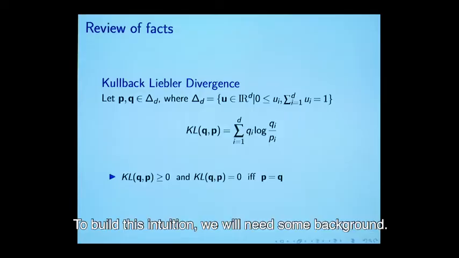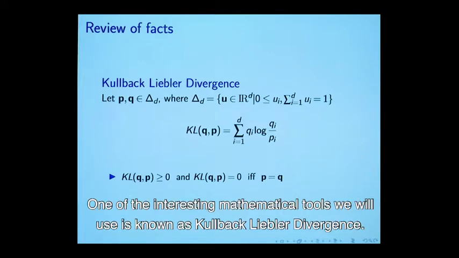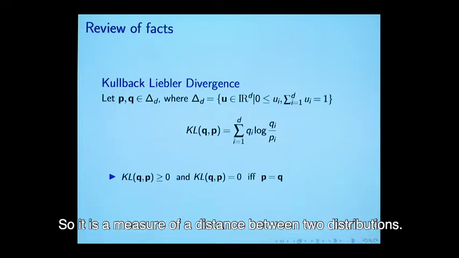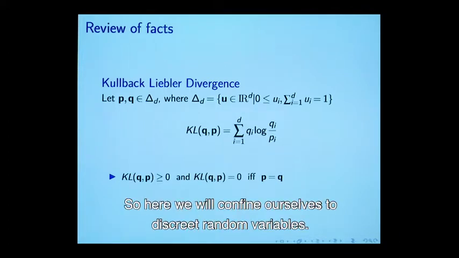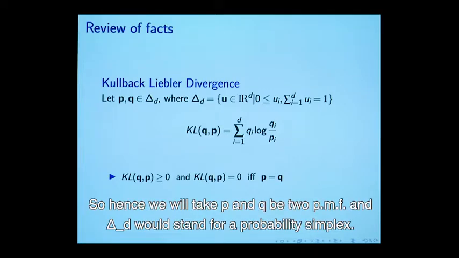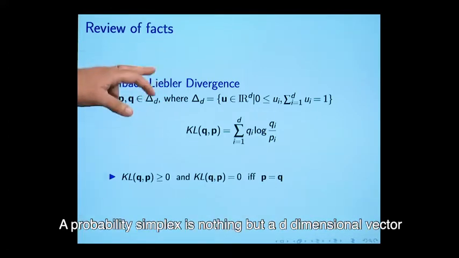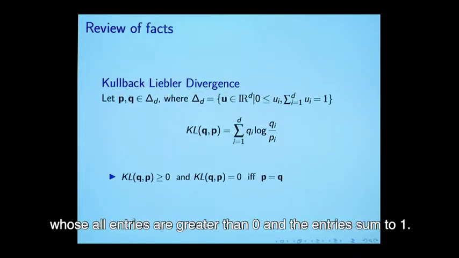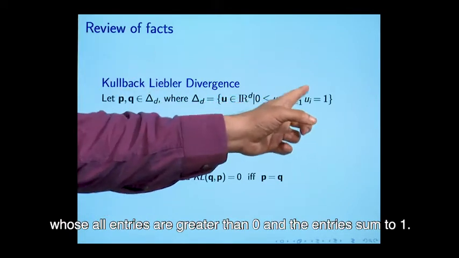To build this intuition, we will need some background. One of the interesting mathematical tools we will use is known as Kullback-Leibler divergence. Divergence is a measure of distance between two distributions. Here we will confine ourselves to discrete random variables. Hence we will take P and Q to be two PMFs, and delta D would stand for a probability simplex. A probability simplex is nothing but a d-dimensional vector whose entries are all greater than 0 and sum to 1.